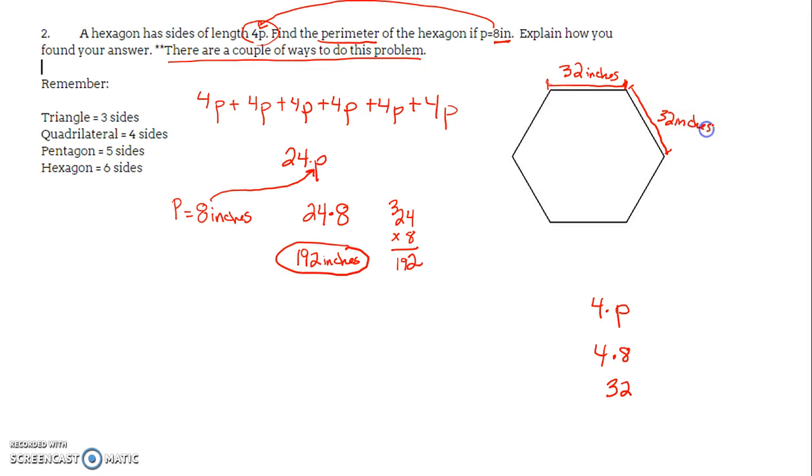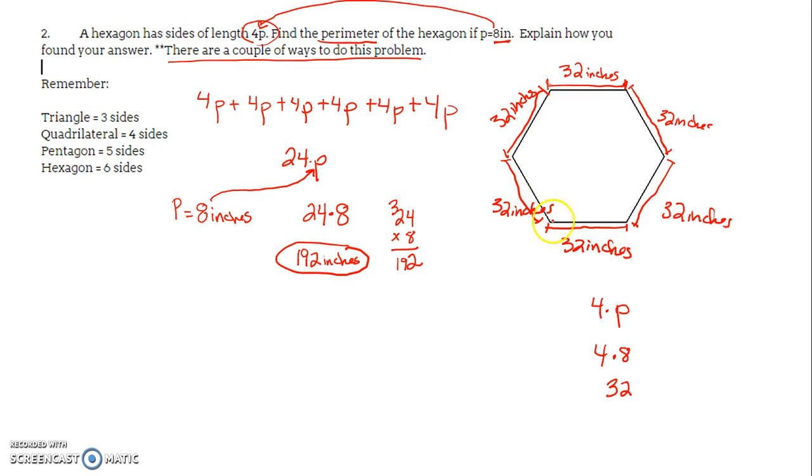This is a regular hexagon, so all of the sides have the same length. This side is 32 inches, this side is 32 inches. She's just finding the side length first. This side is 32 inches, and this final side would be 32 inches.